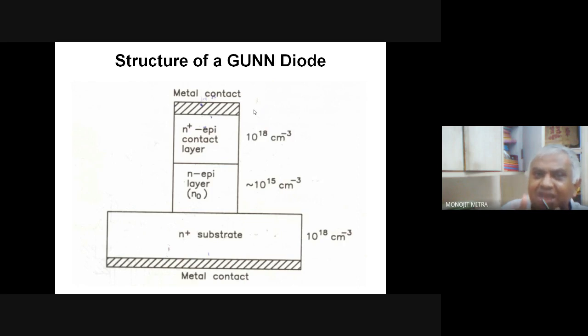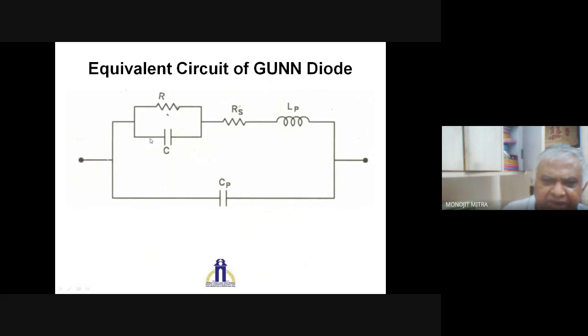So the charge remains stored there, and that is the effect of capacitance. So due to these two metal layers across the N plus and N plus, you will get the capacitance effect.